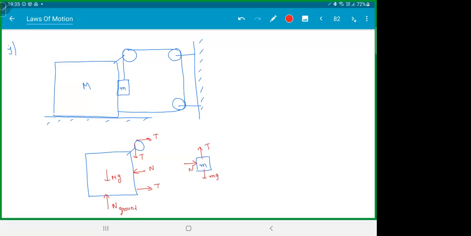Please check your forces. Easy, got this? Hope everyone is getting clarity about FBDs.